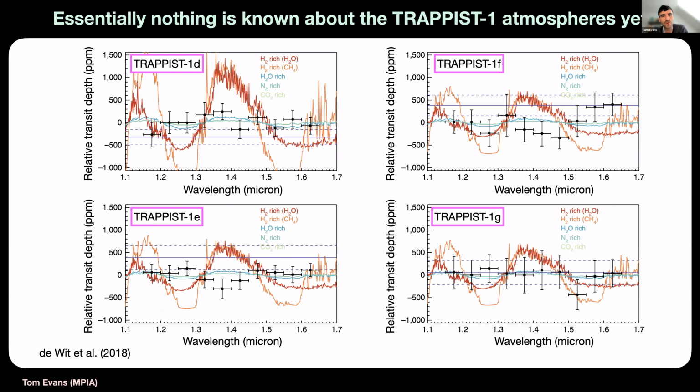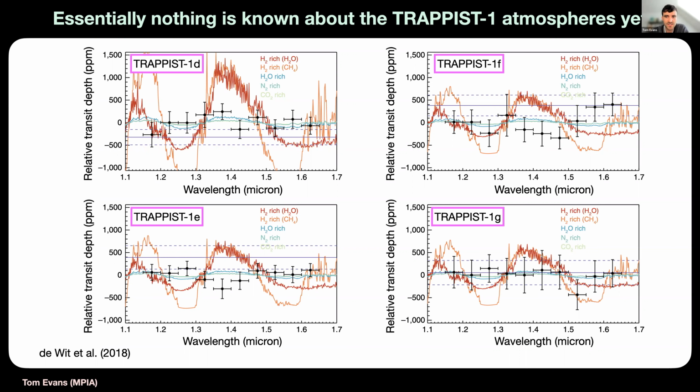So what do we currently know about the atmosphere of TRAPPIST-1e? Although the TRAPPIST planets have been observed with HST, we're still more or less completely ignorant about their atmospheric composition, and that's summarized in this figure here, which shows measured transmission spectra for planets D to G. And essentially all of the data are consistent with flat lines at the measurement uncertainties.